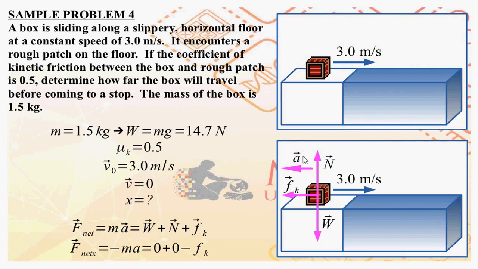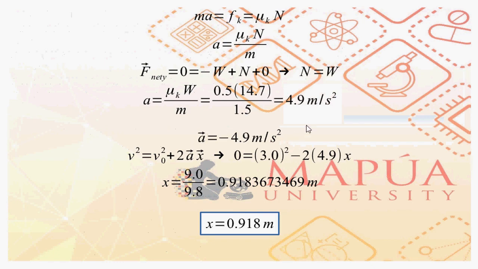So, when we convert this back into vector form, vector a is equal to negative 4.9 meters per second squared, because of the negative direction. And knowing the acceleration will allow us to perform kinematics analysis on the box. The acceleration is constant at negative 4.9 meters per second squared.